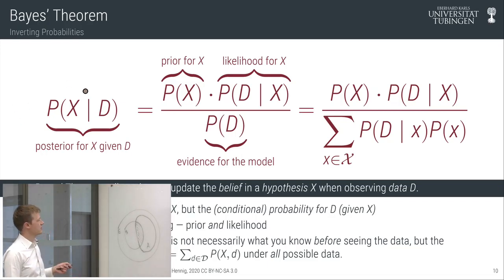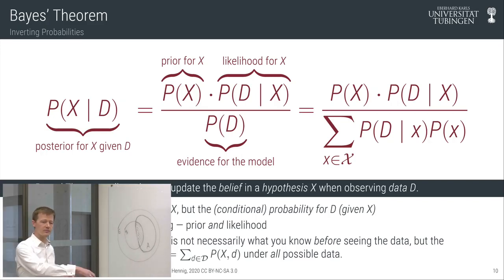Then this conditional distribution for the thing you'd like to know, given the stuff you got to see, is called a posterior probability. And it arises by Bayes' theorem by multiplying P of X with P of D given X, the conditional, and dividing by the probability for D, which can be written as a sum by the law of total probability, as a sum over all possible values that X can have.